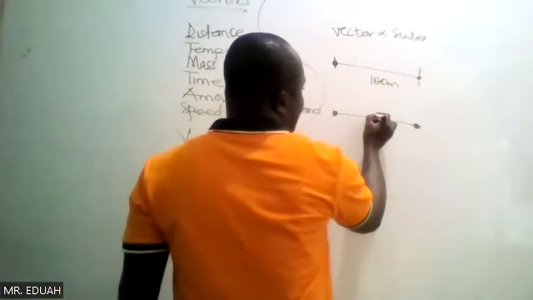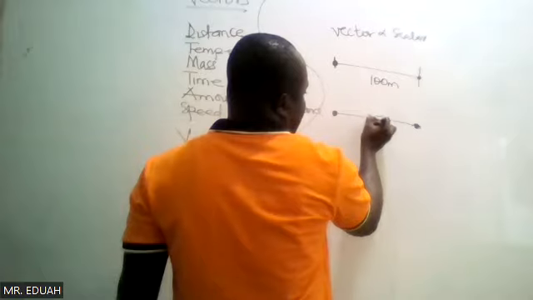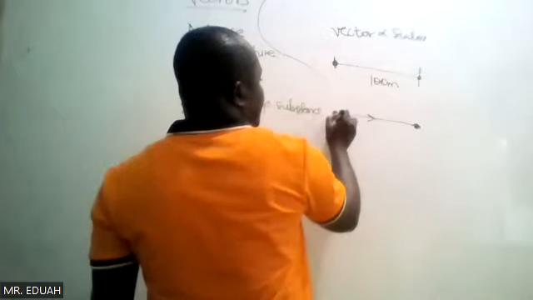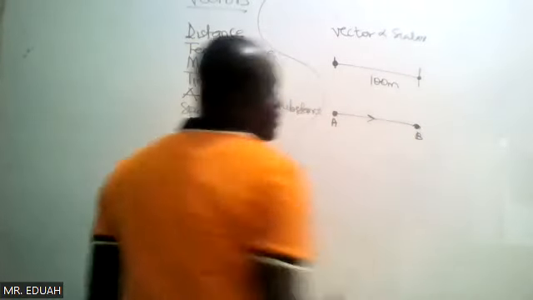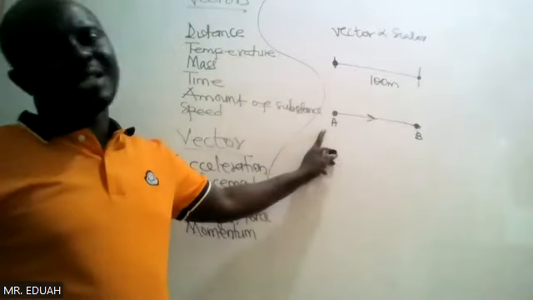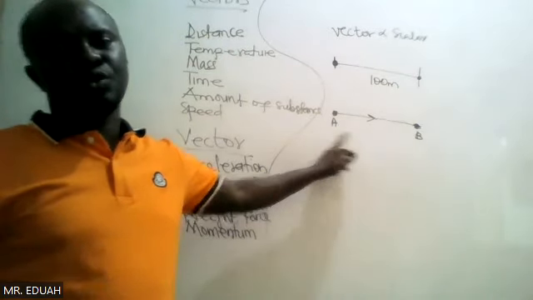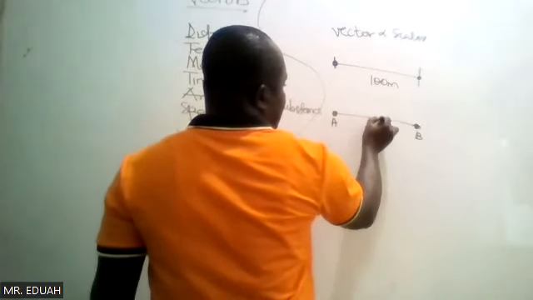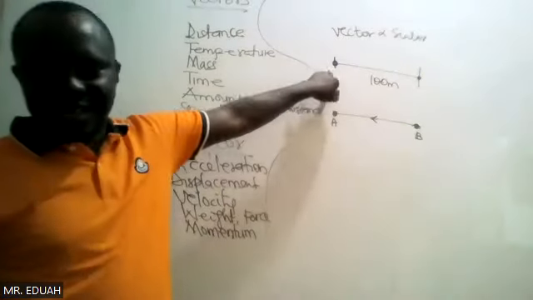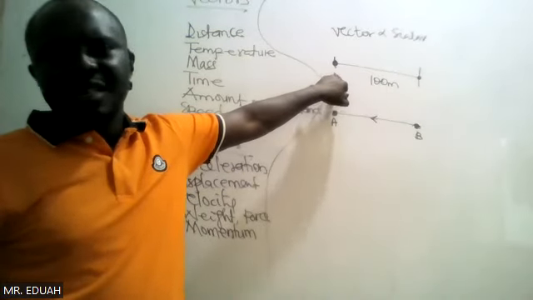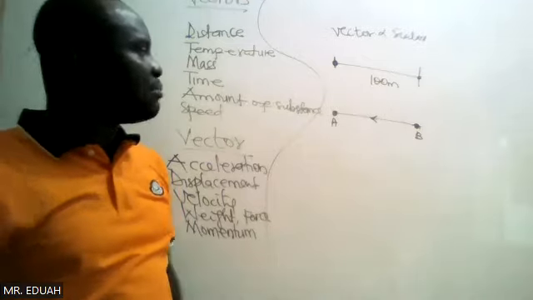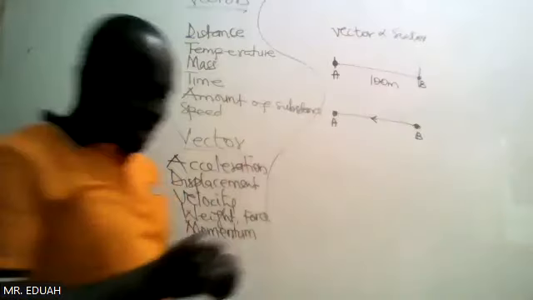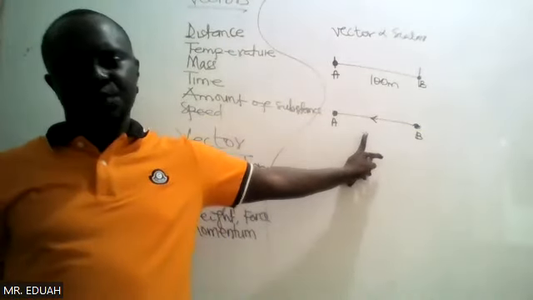But for displacement I have to indicate a direction, maybe from A to B. So we are starting our measurement from point A to point B. Distance is a scalar quantity, just the interval between A and B, and displacement is a vector quantity.